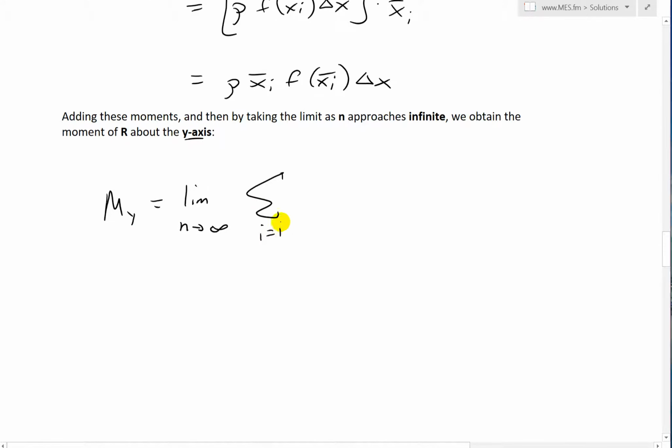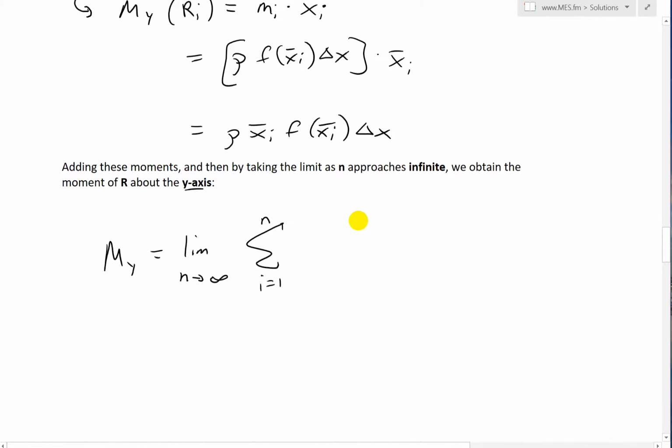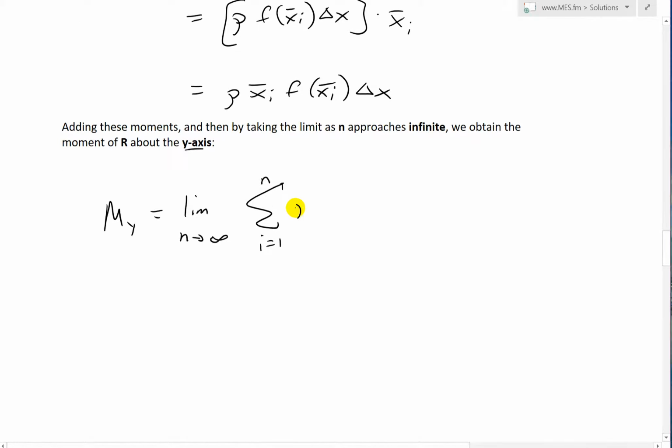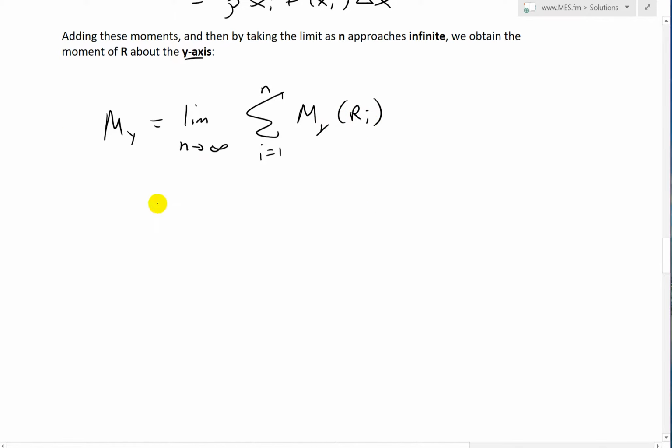So i equals 1 up to n, and I'll write like this. This is going to be rho, this is this part right here, times, actually I'll write this first. I'll write My, and then this is going to be our Ri, like that. So just for completeness, let me plug those in. So again, we're summing up every single region.